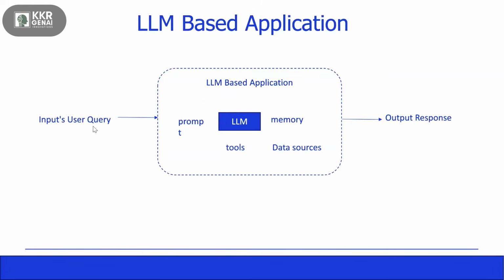Based on the user's input query, the query is sent to the LLM-based application, where you have the prompt, a set of tools and memories, and then we get the final output response. This is how LLM-based applications generally look.